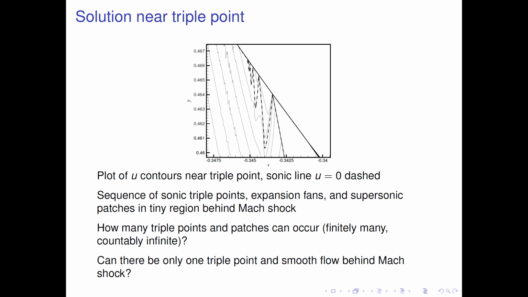And this is just a steady version of the self-similar ones we saw before. Incident shock, reflected shock, Mach stem, expansion fan coming here and producing this supersonic region. And then a new shock coming down, a second patch, a third patch, optimistically a fourth patch.